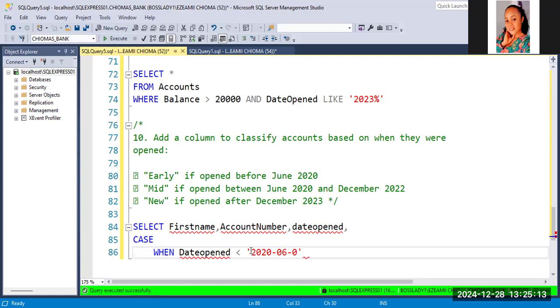So anything that is less than this, then we want it to be early.